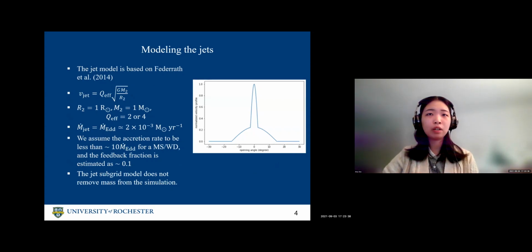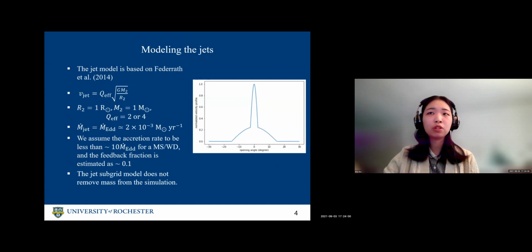Here we have a 15-degree opening angle of the jet launching region, which lies inside the softening radius of the secondary particle, and we smooth the density and velocity distribution of the jet over the angular distribution, and there's also a smoothing function in the radial distribution.